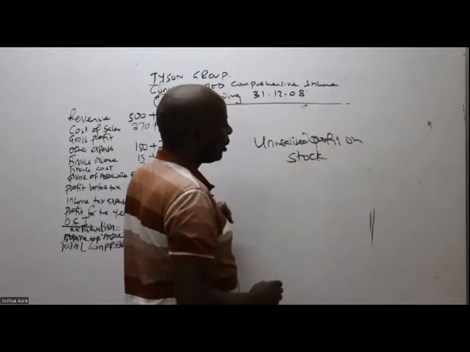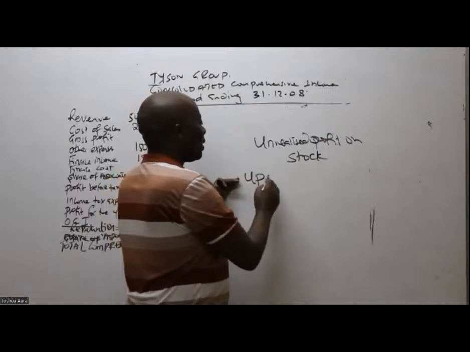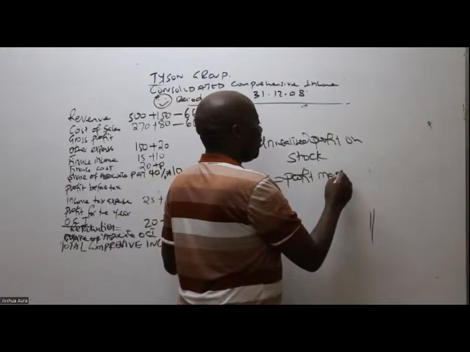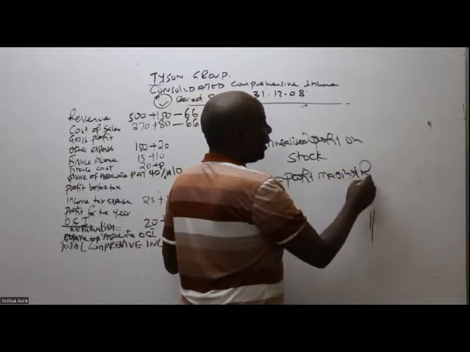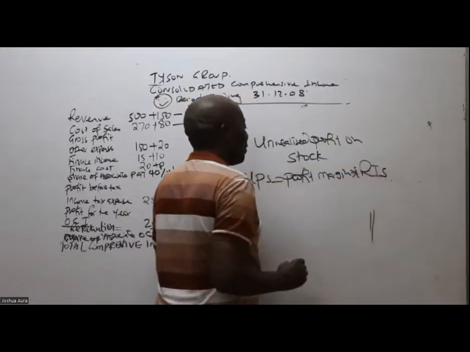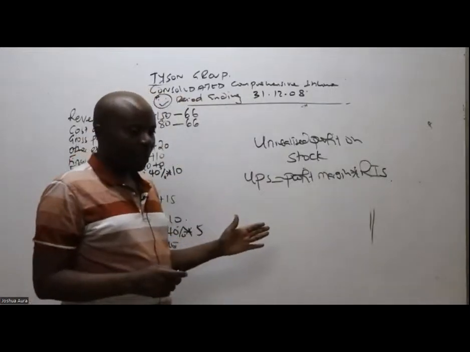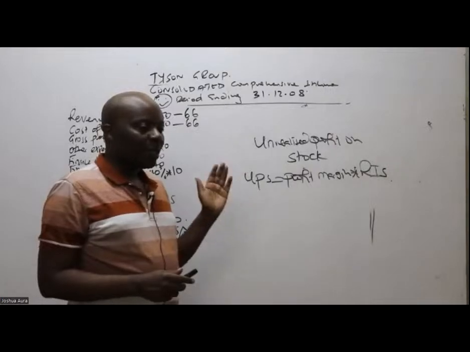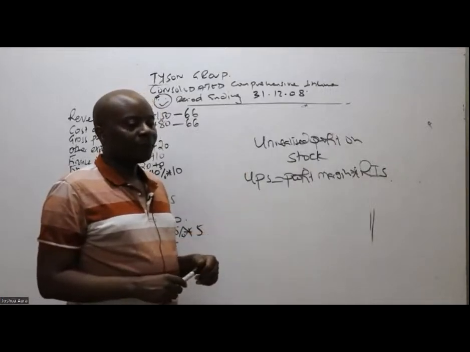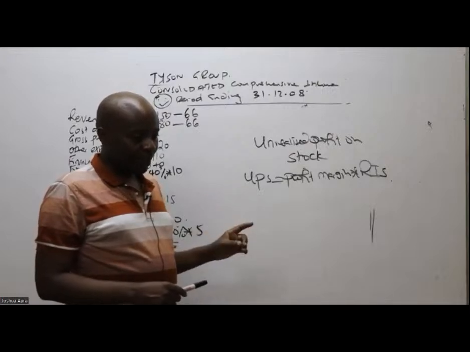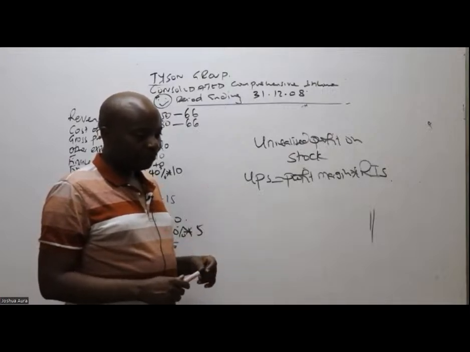And remember, to get this UPS, we normally take profit margin times the remaining intra-sales. Anytime they want us to get UPS, we take profit margin times the remaining intra-sales.